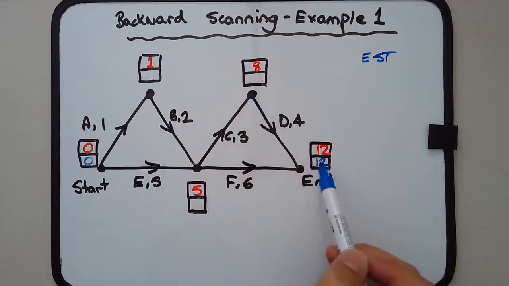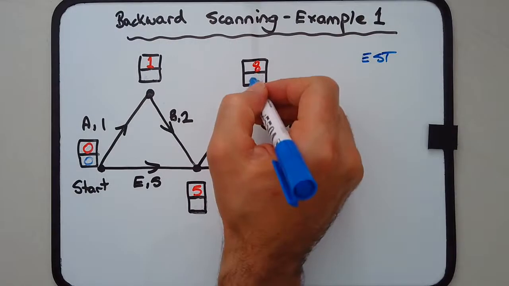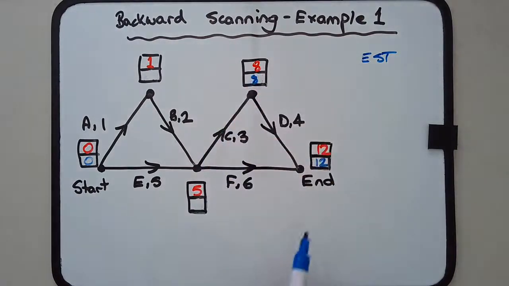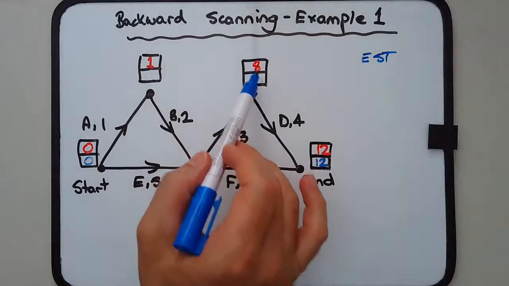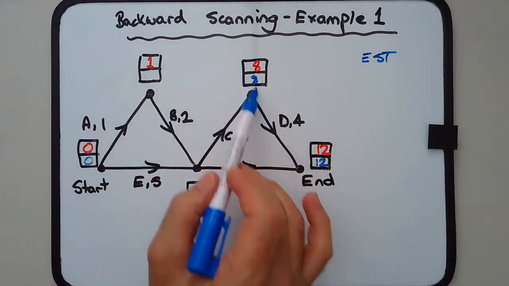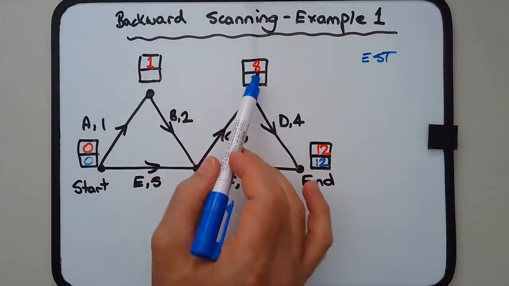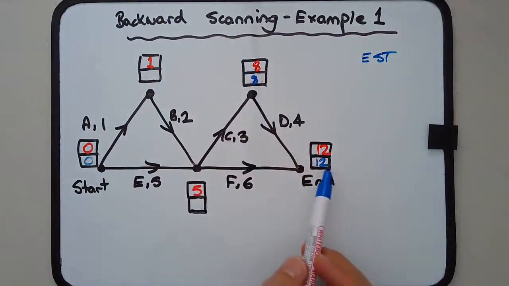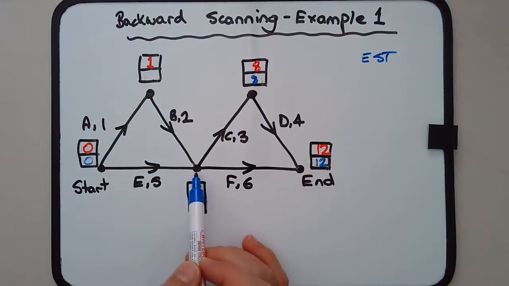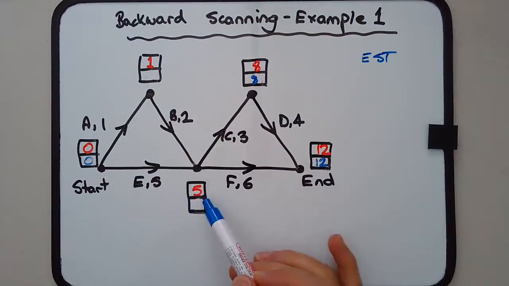So starting with the blue numbers now, 12 minus 4 is 8. We can see that with activity D, there's no leeway there. We start at 8. We can't start activity D any later. The earliest and latest are in fact identical to each other. Now, there's two ways we can get to this vertex here. This is above the 5.